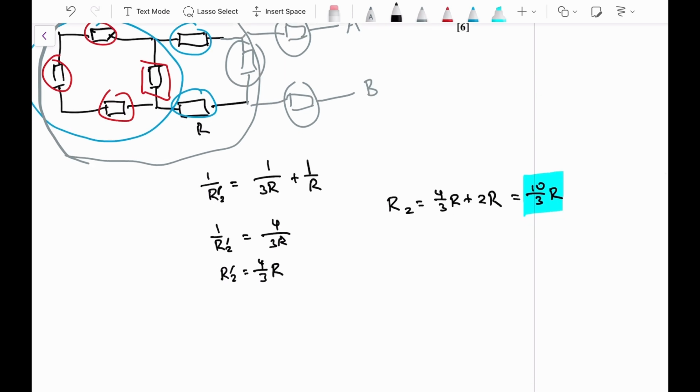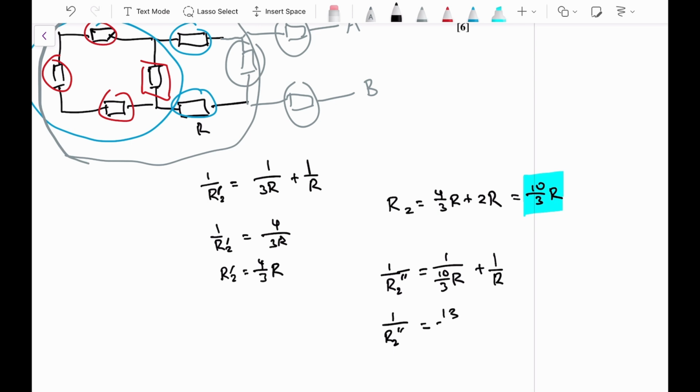Okay, so in this case, 1 over R2 is equal to this is one part, and the other part is just one of the R's. So therefore, this is basically 3 over 10, so that will be 3 plus 10.